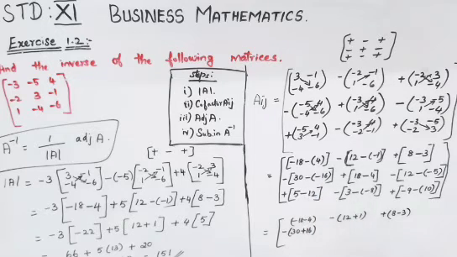Minus into minus will become plus. Then plus 18 minus 4. Then minus 12 plus 5. Minus into minus is plus, so plus 5. Plus 5 minus 12. Then minus 3 plus, minus into minus plus, so 8. Again plus minus 9 minus 10.